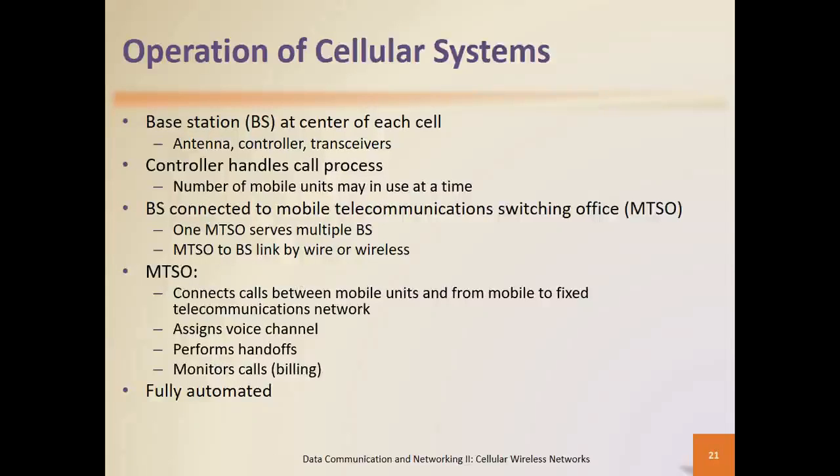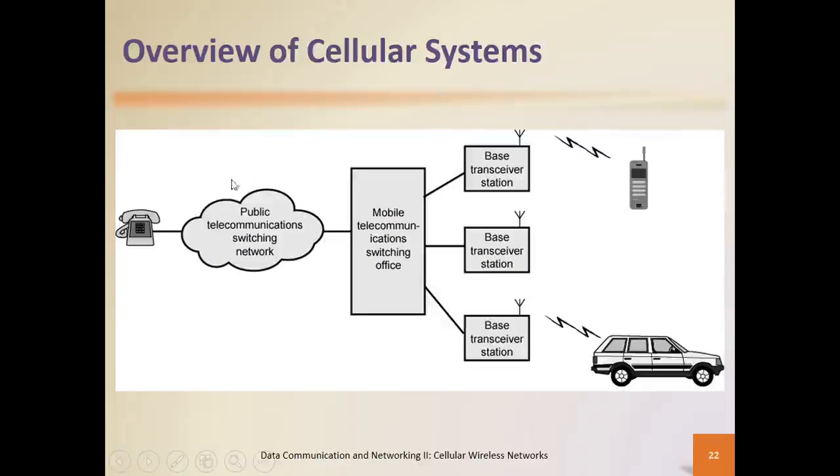So here's an overview of a cellular system where you have a landline connected to a PTSN, a public telecommunications switching network, and that connects into your MTSO, your mobile telecommunications switching office. The MTSO manages a number of base units within given cells, and the MTSO connects to your PTSN.